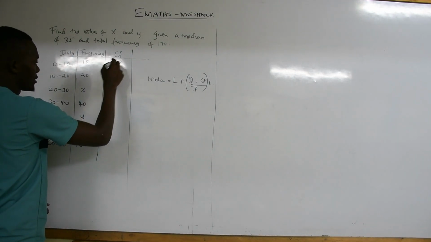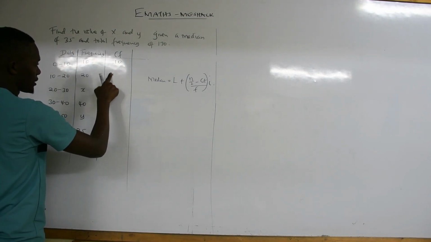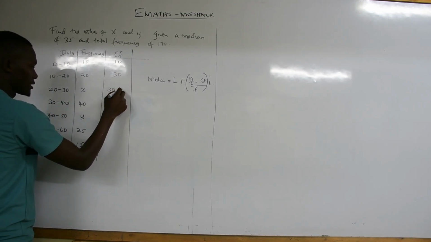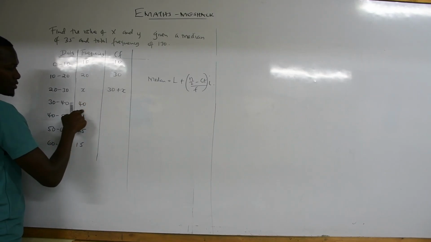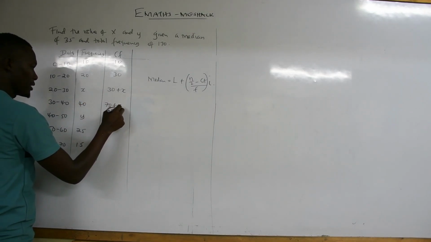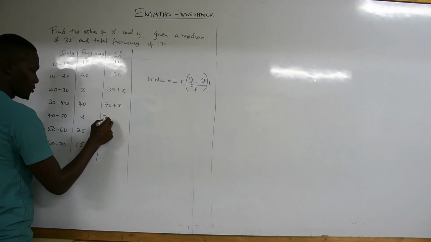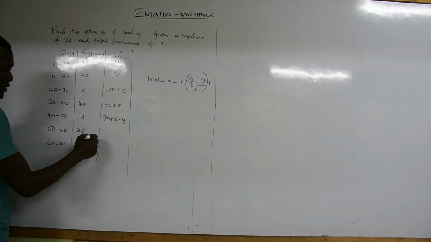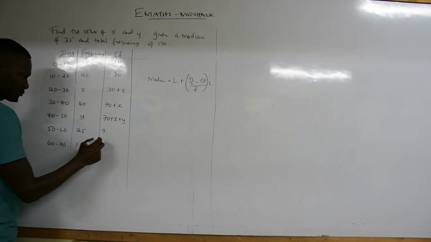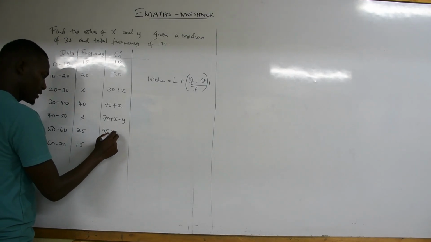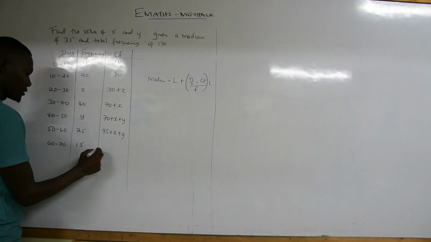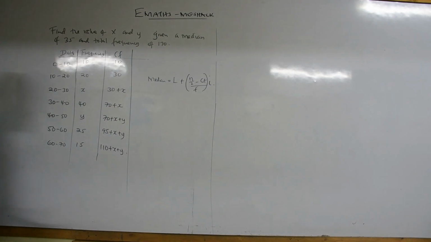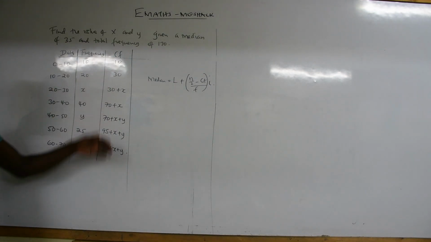You have 10 plus 20, we have 30, then 30 plus x, then 30 plus x plus 40, that is 70 plus x, then 70 plus x plus y. I'm just adding the values, and this plus this gives us 95 plus x plus y, then this and this gives us 110 plus x plus y. We're together, so these are our values.